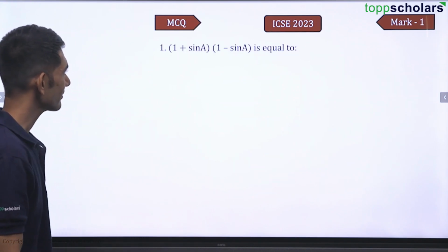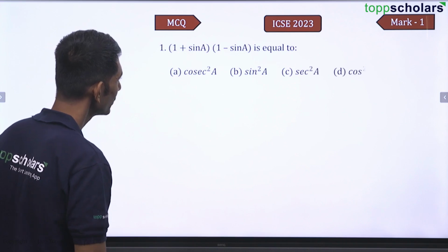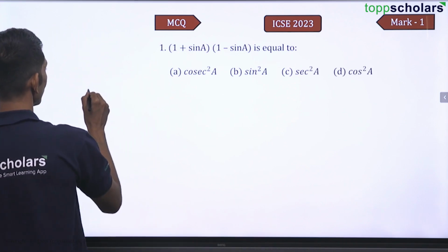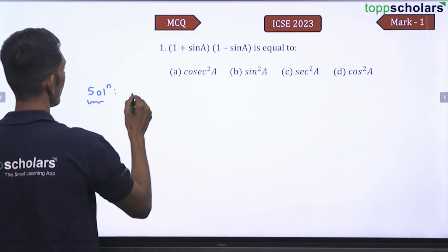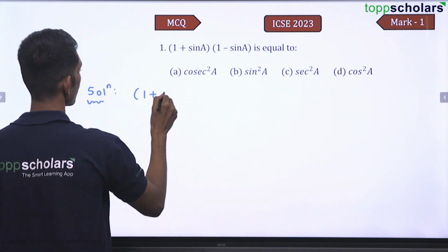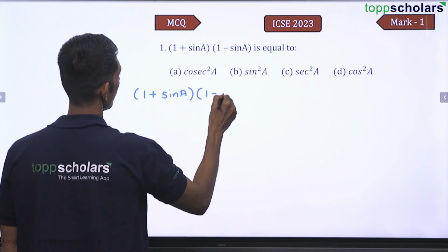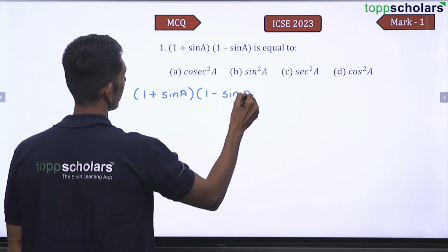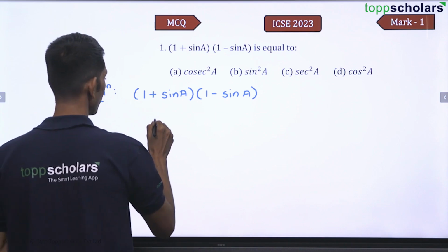Okay. Now this is the one marker, it's an MCQ, so let us do it quickly. So even if they don't give this in MCQ, how will you solve this? We have 1 plus sine A into 1 minus sine A. We know that this is as good as A plus B into A minus B, that is A square minus B square.